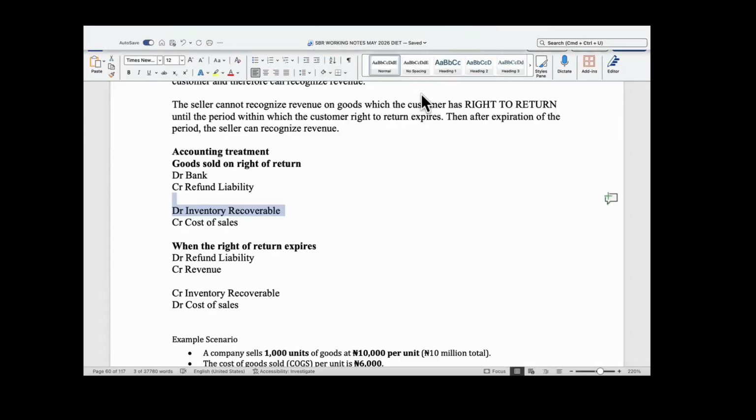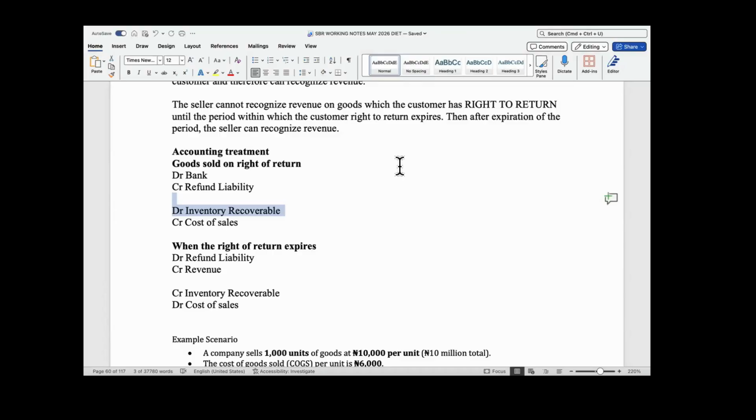Anybody? Okay, let me try, sir. Okay, Mustafa. So when the goods are returned, then we debit our refund liability, and we debit our inventory, because the goods will be coming back, and credit... What do we credit then?